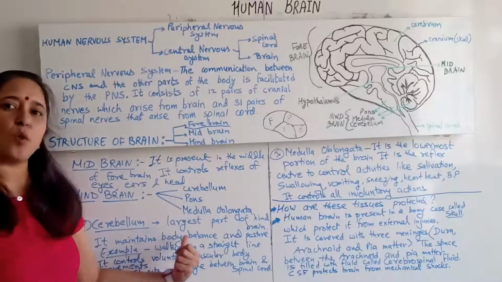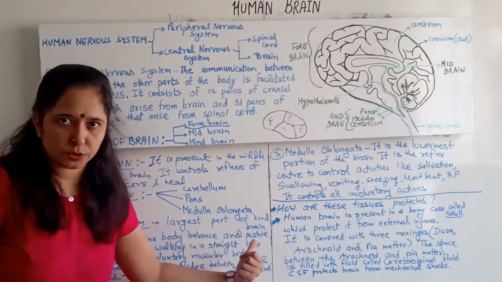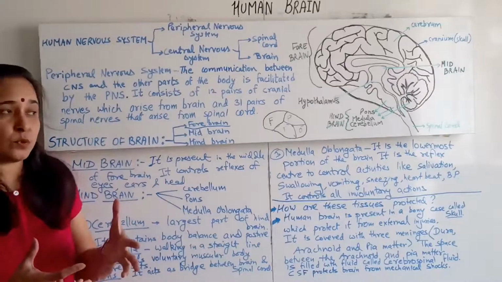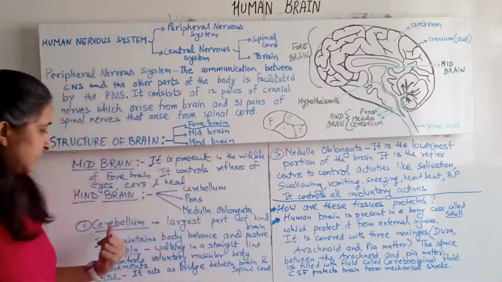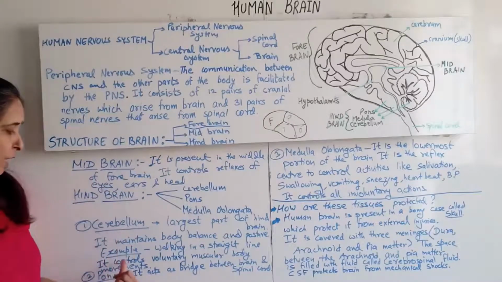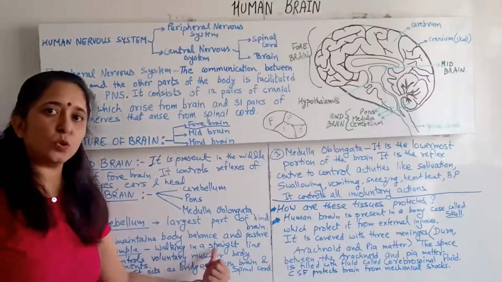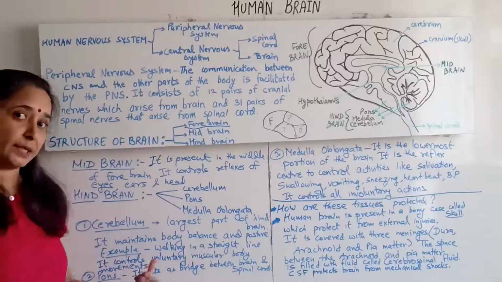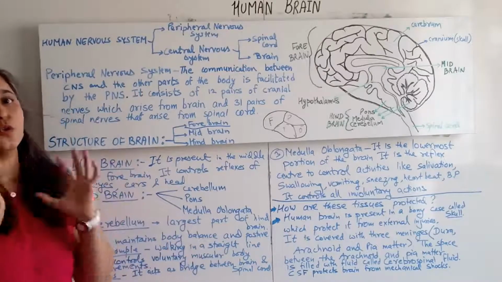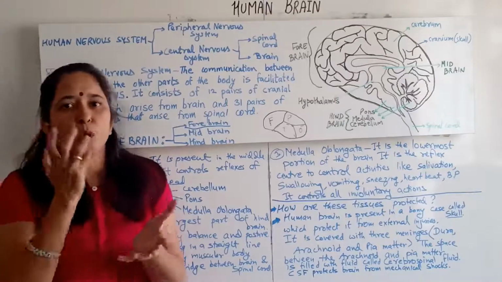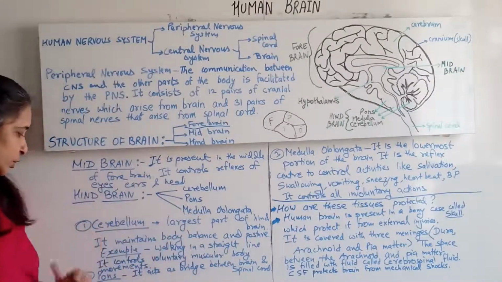It maintains the body balance and posture. For example, suppose I want to walk in a straight line, that is controlled by the cerebellum. It also controls voluntary muscular body movements. All that is controlled by the cerebellum, to control the body balance and the posture.